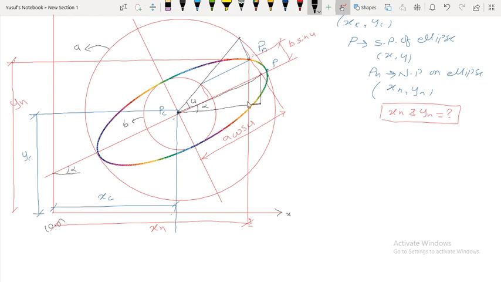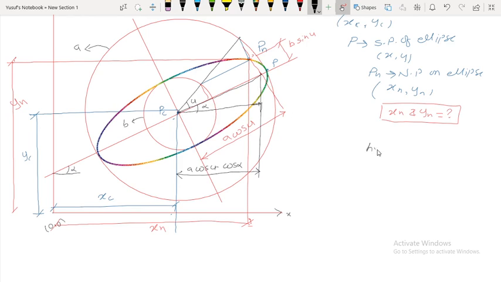If I draw a vertical line from here, this length is adjacent to the angle, and the hypotenuse is A cos u.